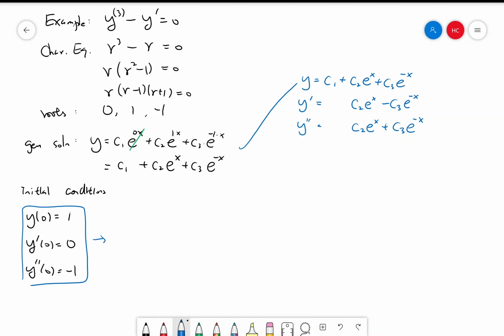Alright, so these initial conditions turn into a system of linear equations. So we get c1 plus c2 plus c3 equal to 1, and c2 minus c3 equal to 0, and c2 plus c3 equal to negative 1.